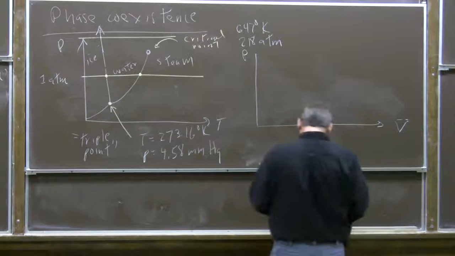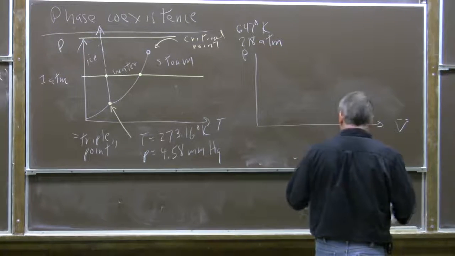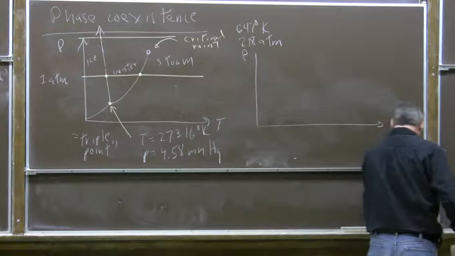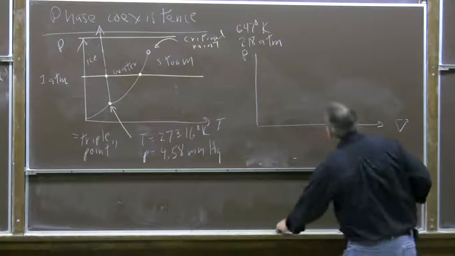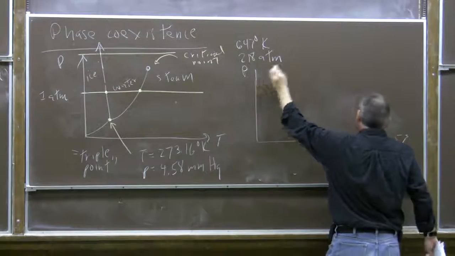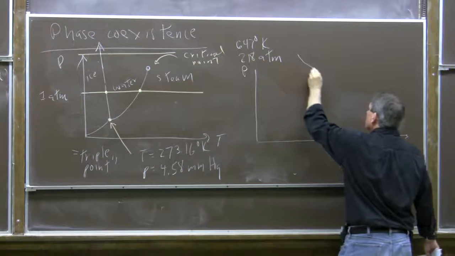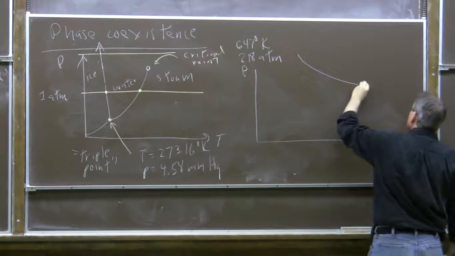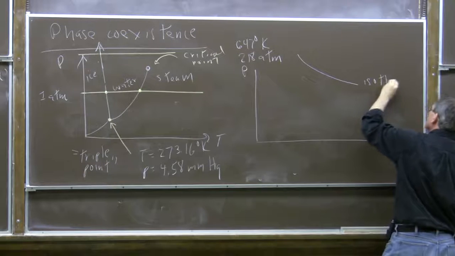So when the pressure is high, we get behavior which is pretty close to ideal gas behavior, for which the pressure goes like 1 over volume at a fixed temperature. So this is supposed to be an isotherm.